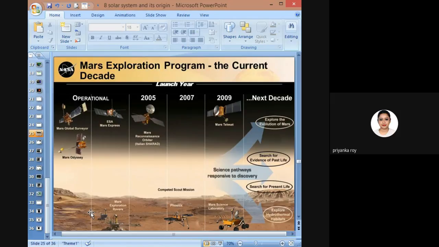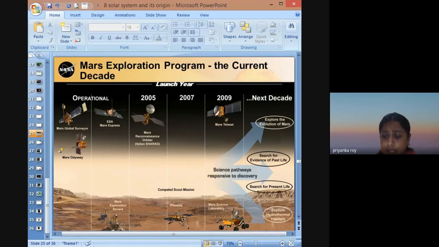In the past few decades, Mars missions were operational, like Mars Odyssey, Mars Express, and Mars Global Surveyor. Then you have the Mars Reconnaissance Orbiter, and in 2009 you have the Mars Telecommunications Satellite, and the next generation will keep finding new ways to explore the planetary system in our solar system.